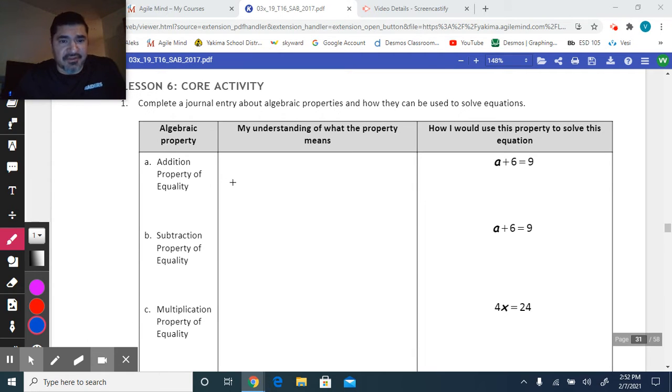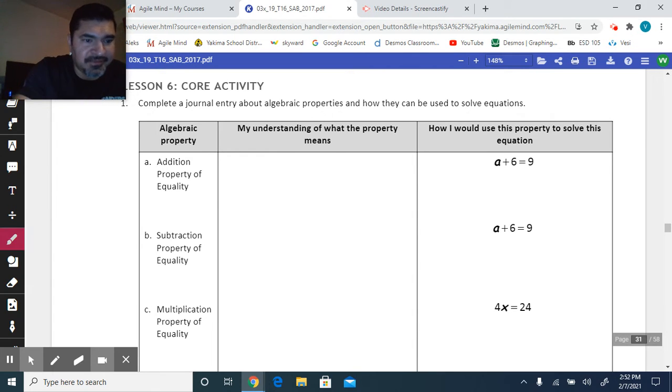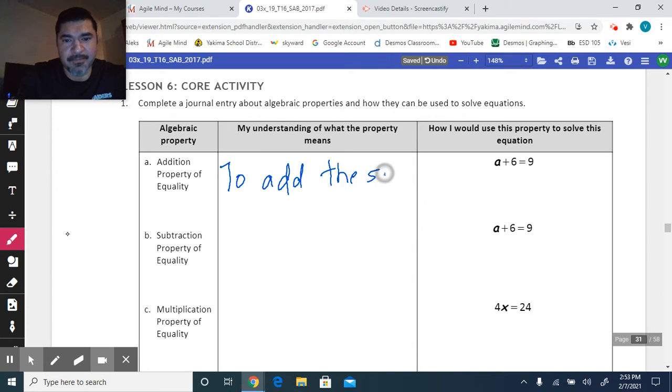Okay, so I'm going to simply write to add the same number to both sides.